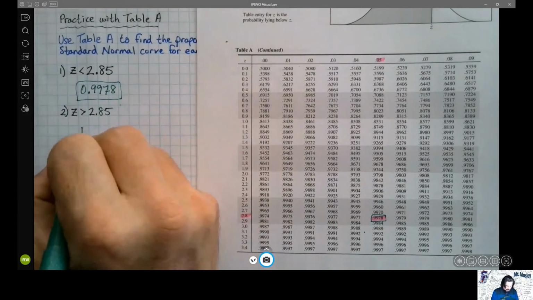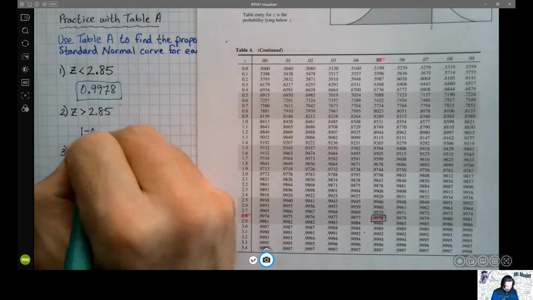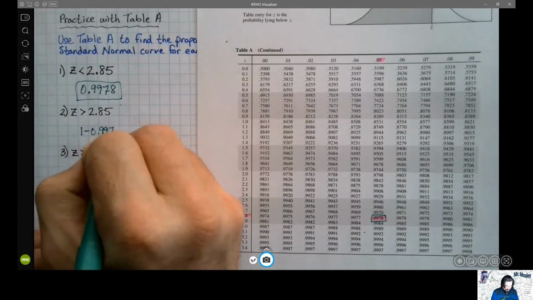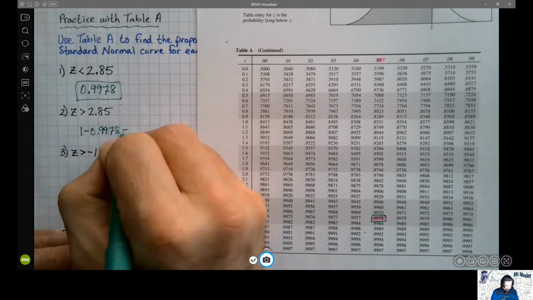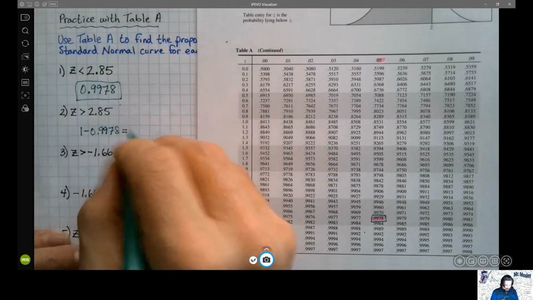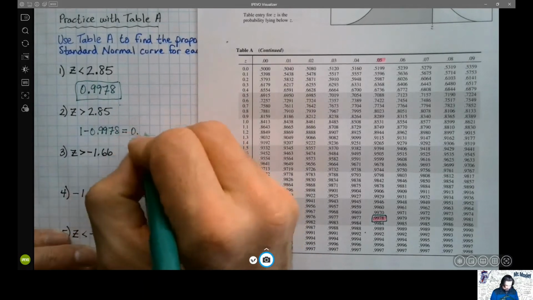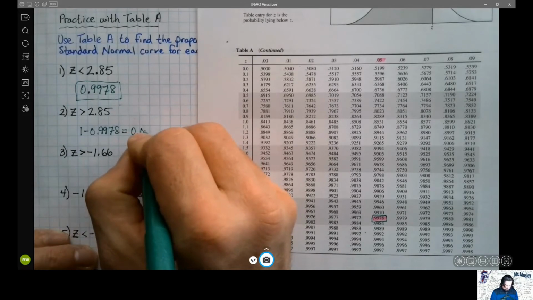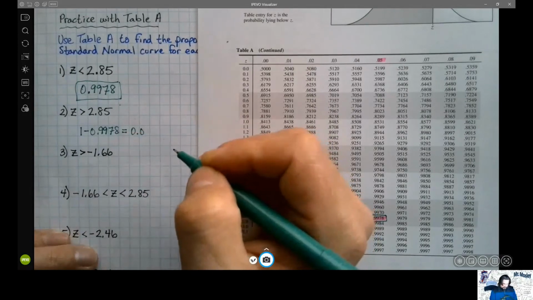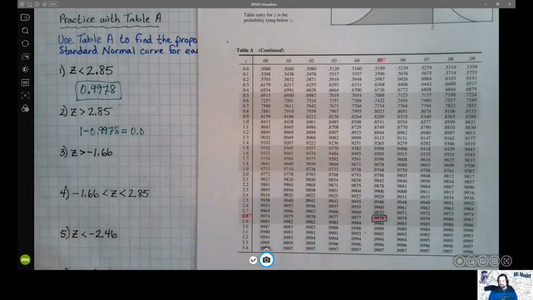To find this, we just say 1 minus 0.9978, and that will be 0.0. Oh man, math's hard. But use a calculator.